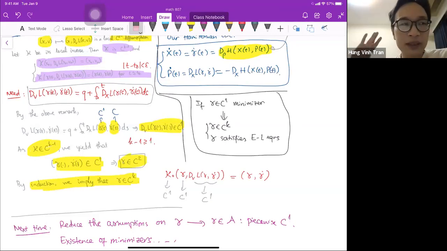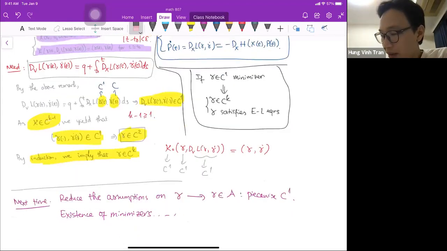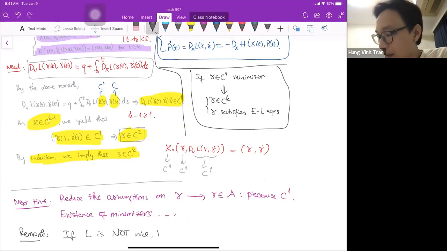I'm not an expert in those counterexamples, so I cannot say for sure. But maybe a remark is that if L is not nice, then minimizers can have bad regularity.